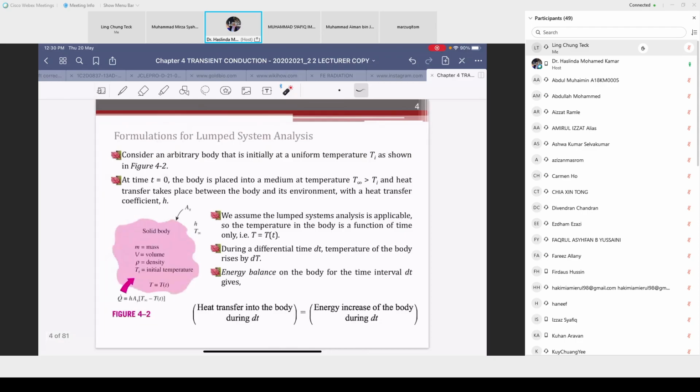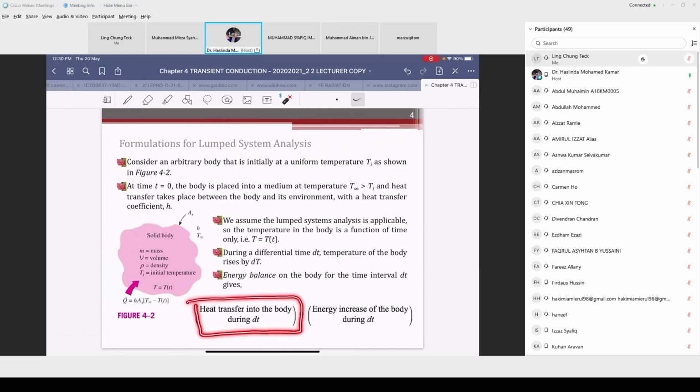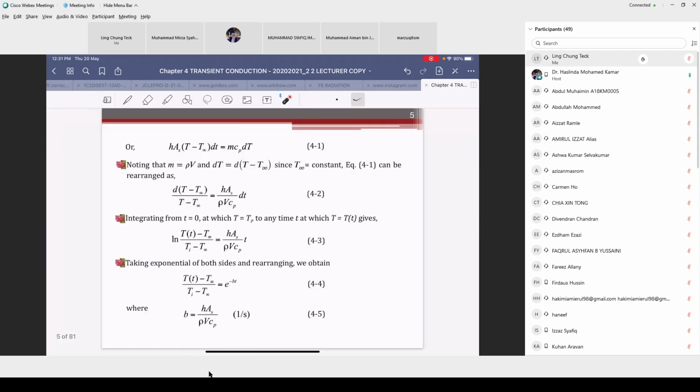So, heat transfer into the body: this is the formula. Q, this is convection, right? Because this is a phase, convection enters through the boundary. So this equals the heat received by the body, the energy increase of the body. Let us move to the next slide.